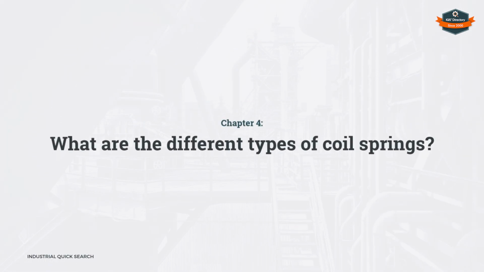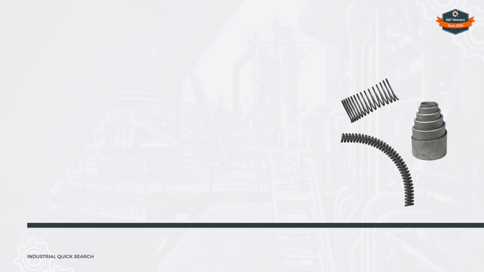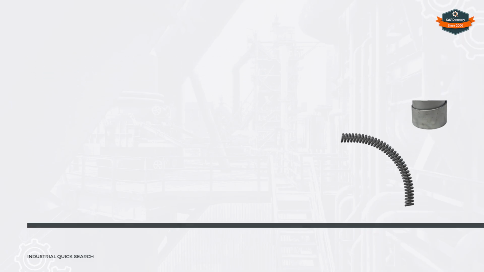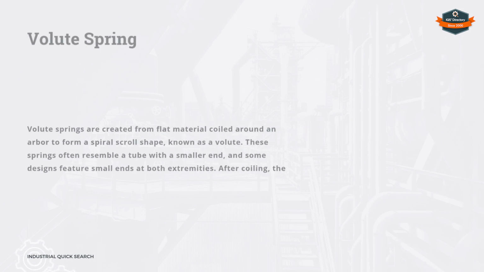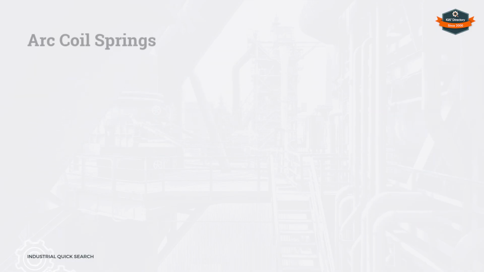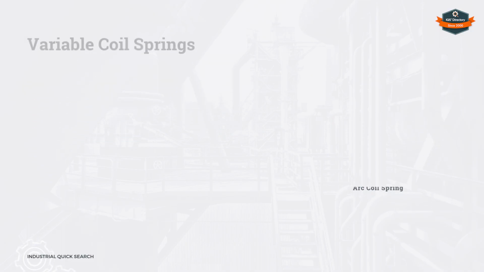Chapter 4. What are the different types of coil springs? Coil spring types. Volute spring. Arc coil springs. Variable coil springs.